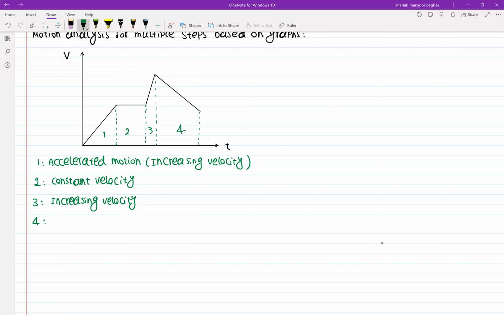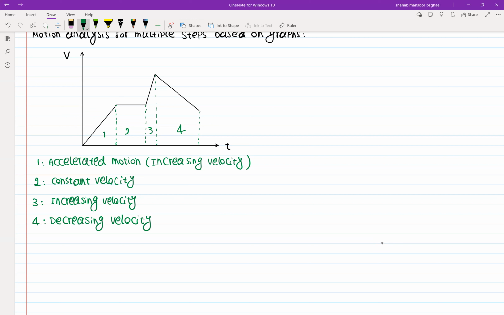Area number 4. If you look at area number 4, you can figure out that you have negative slope or negative acceleration. It means you have decreasing velocity. And you can discuss it like that.